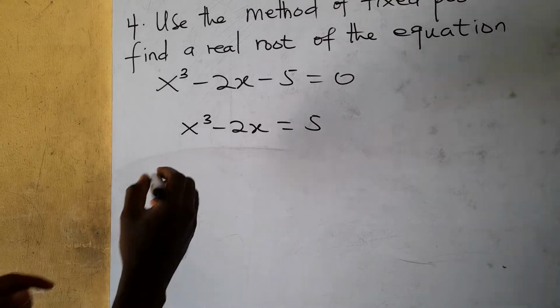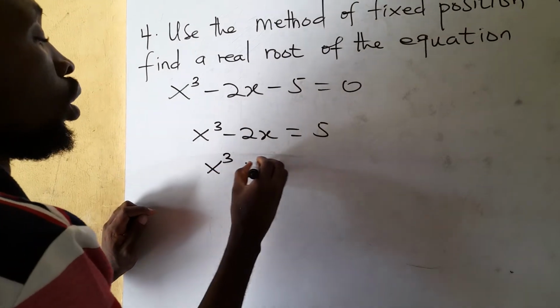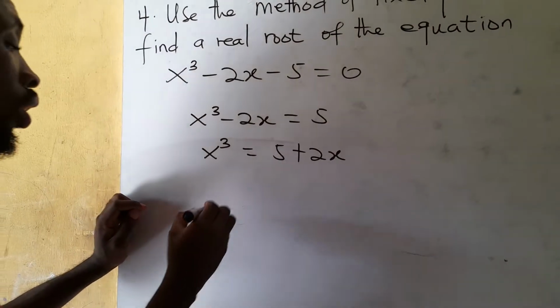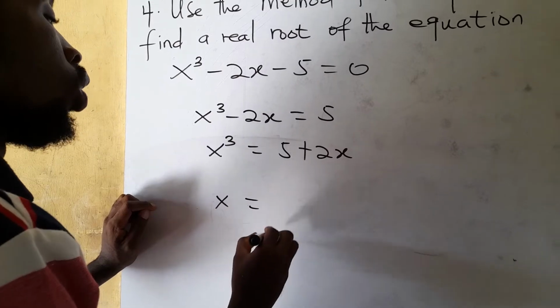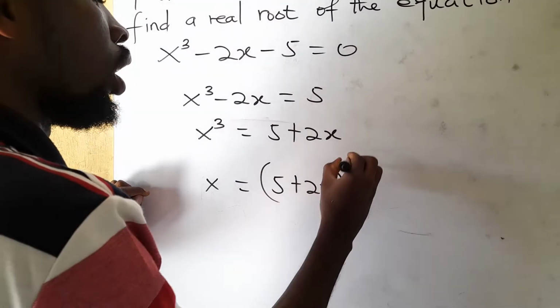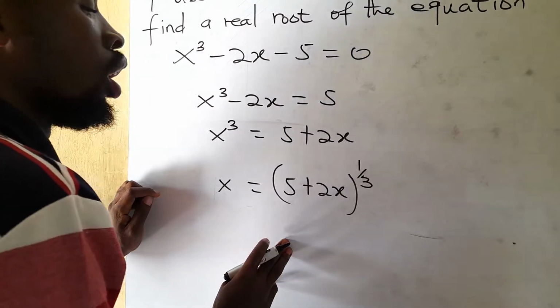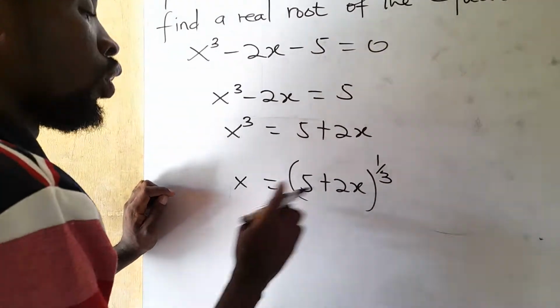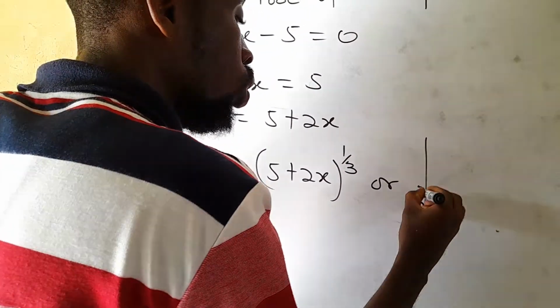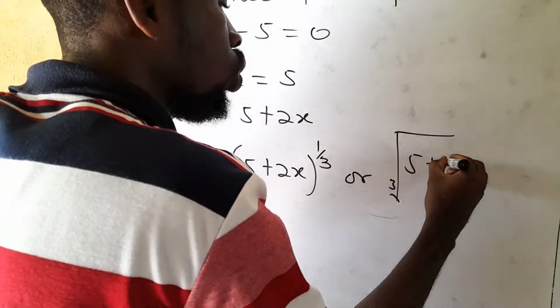So when we send it there, we get x cubed equal to 5 plus 2x. So we can make x the subject now. x will be equal to (5 plus 2x) all exponent 1/3, or the cubic root of 5 plus 2x.